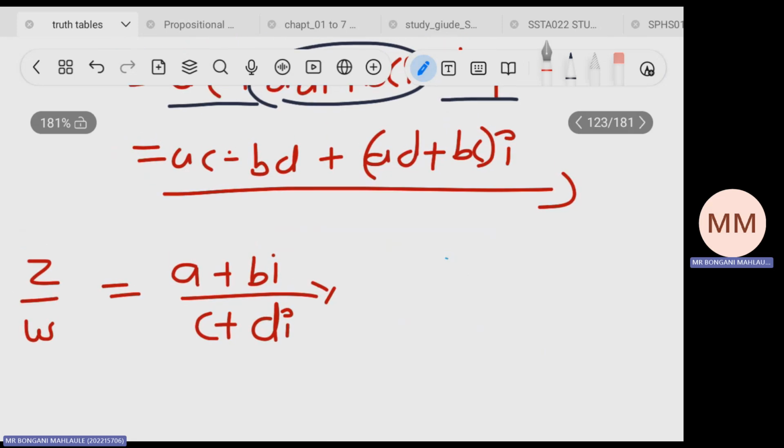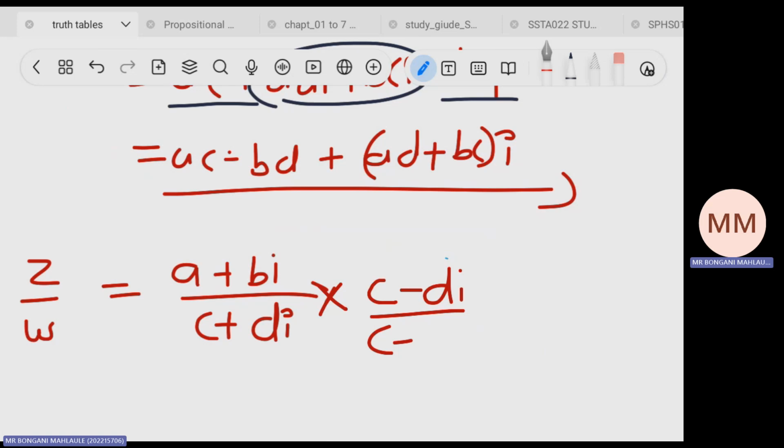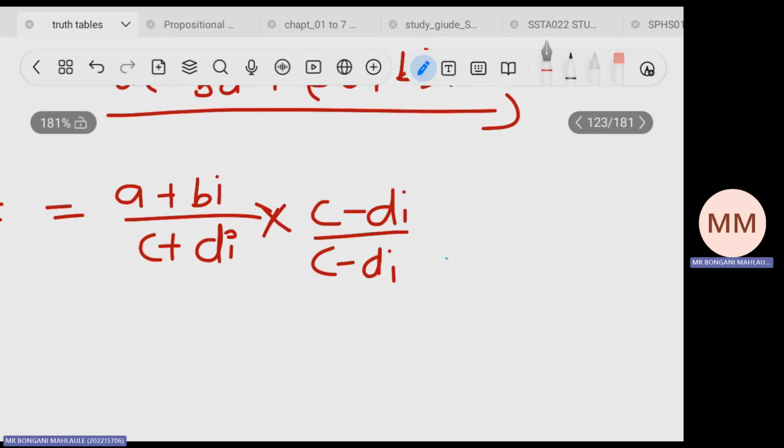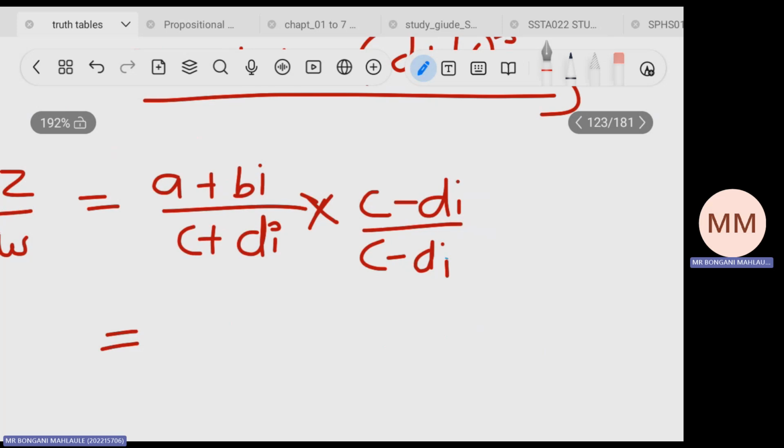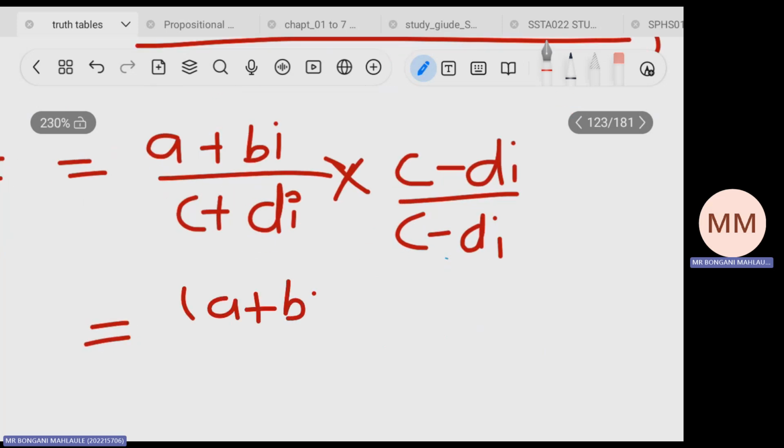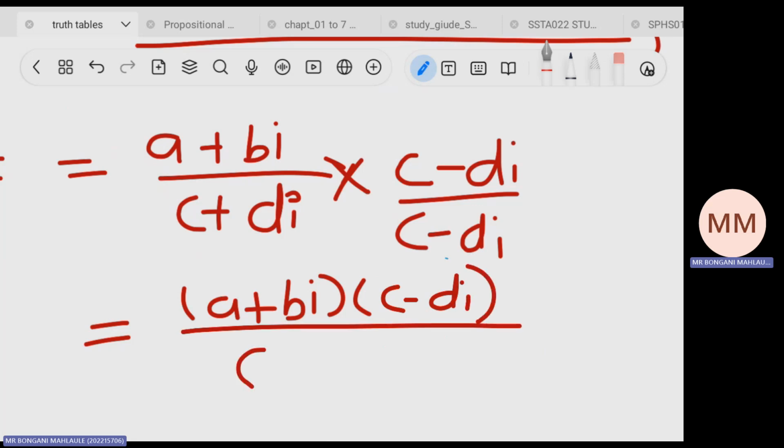So the conjugate here, you will multiply with c minus di, and this will give us a plus bi, c minus di, and then in the denominator, this will be c squared minus d squared i squared.